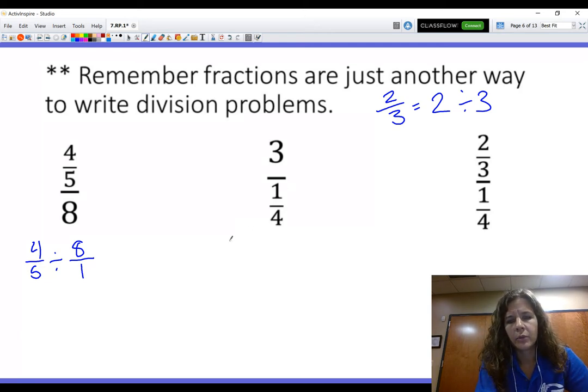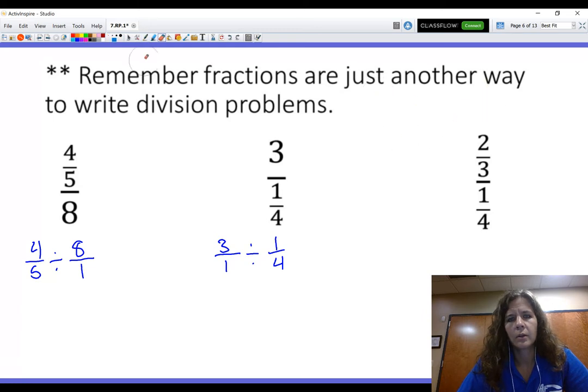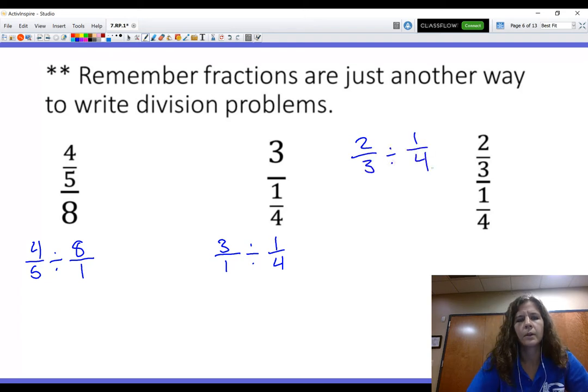In the second example, it would be 3, again, over 1, divided by 1/4. And then in the third example, we would have 2/3 divided by 1/4. Okay, that's all it is. Complex fractions are just another way to write dividing with fractions.